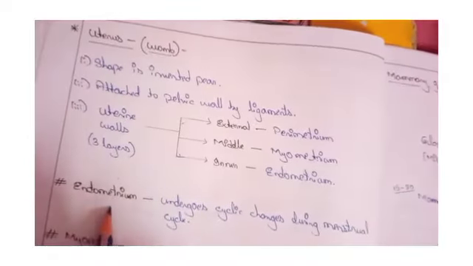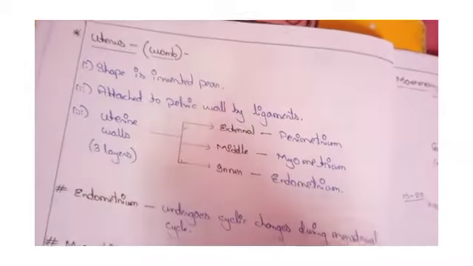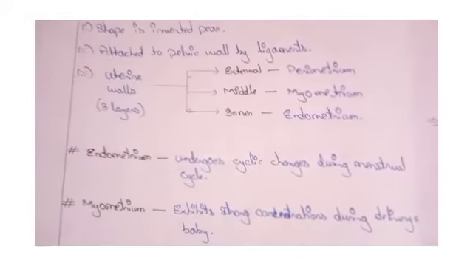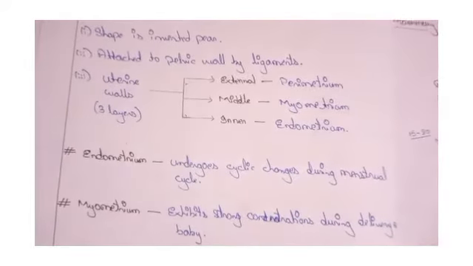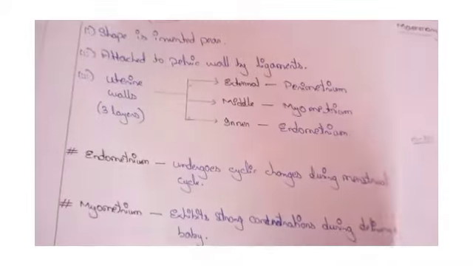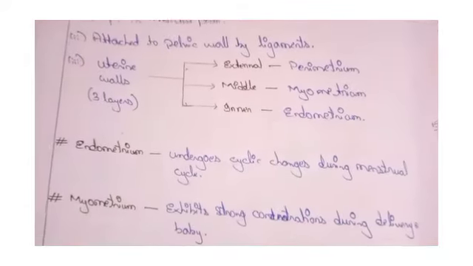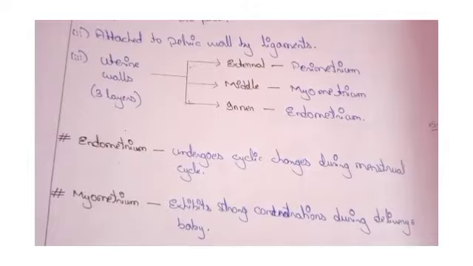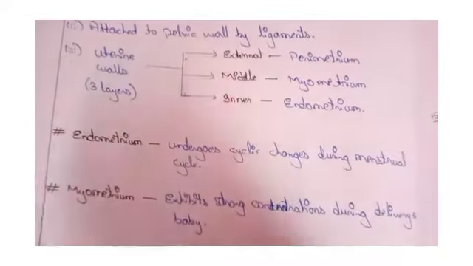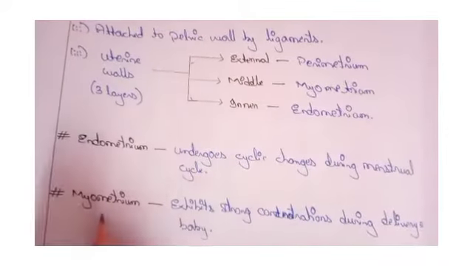Endometrium undergoes cyclic change during the menstrual cycle. The menstrual cycle is one of the most important topics from the point of view of NEET or AIIMS. Okay, so we will discuss the menstrual cycle in detail after some time.